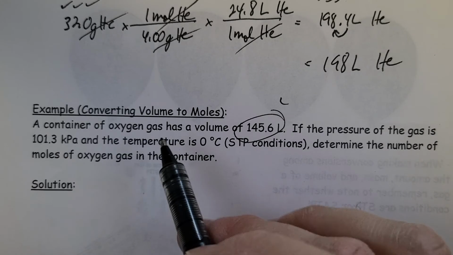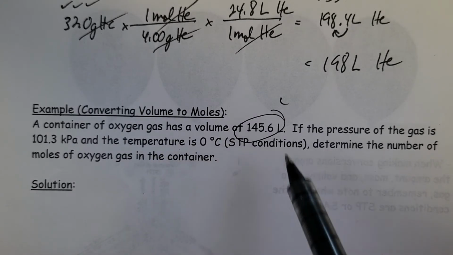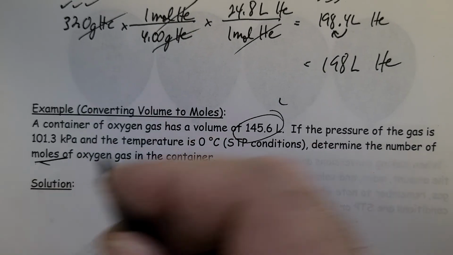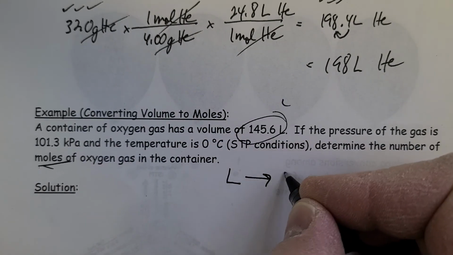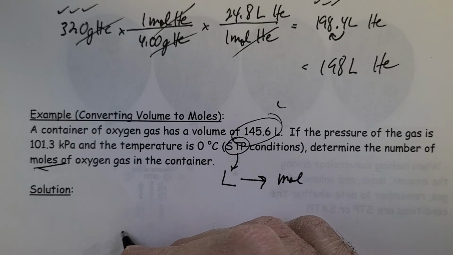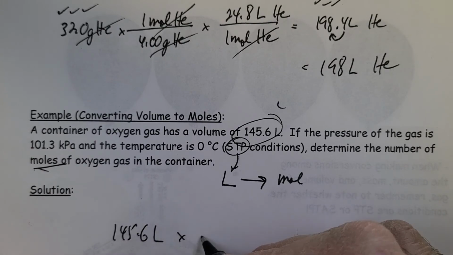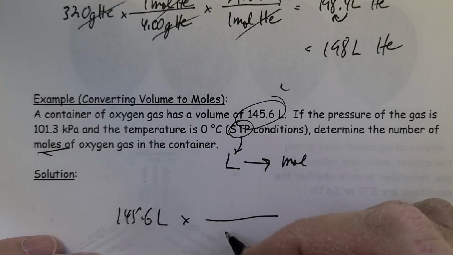These don't get involved in the calculation, but they tell us which one to use. Determine the number of moles. So I'm going to go from liters to moles, and of course it's in STP.